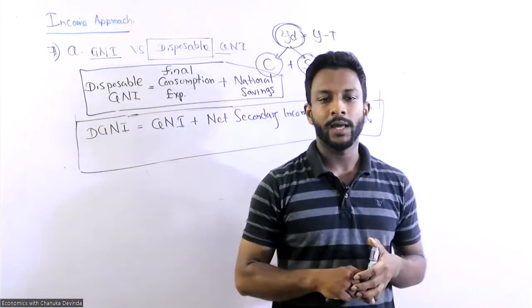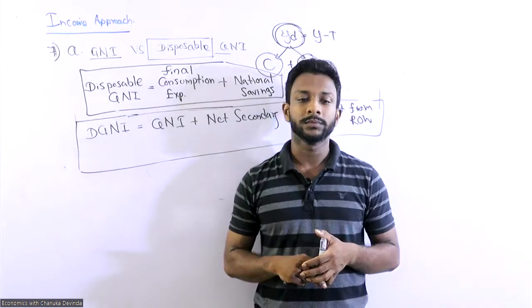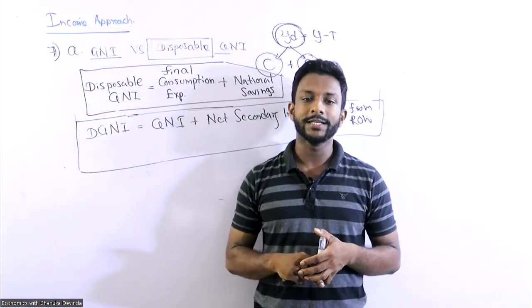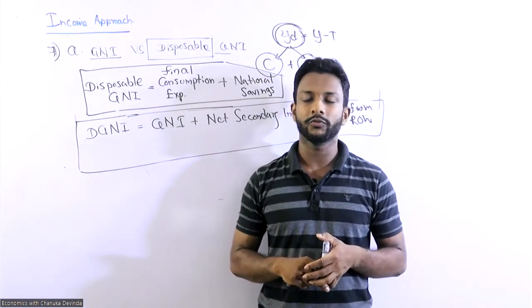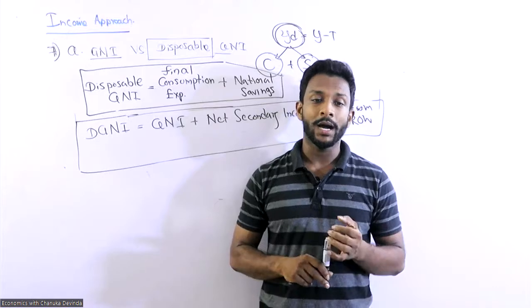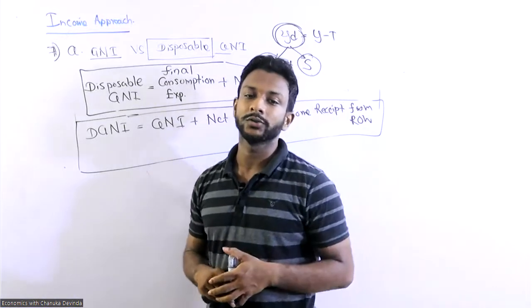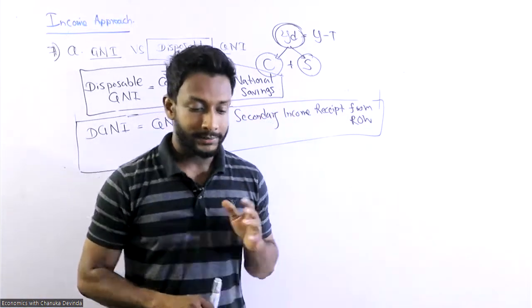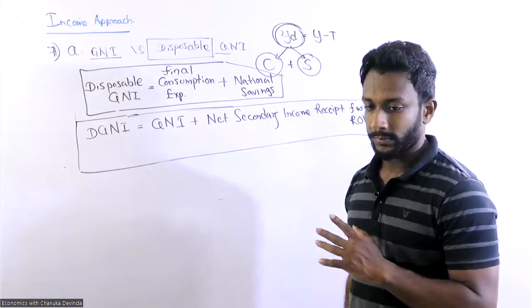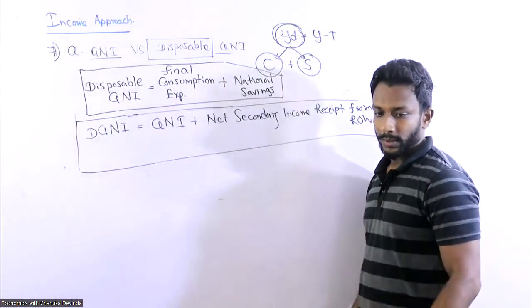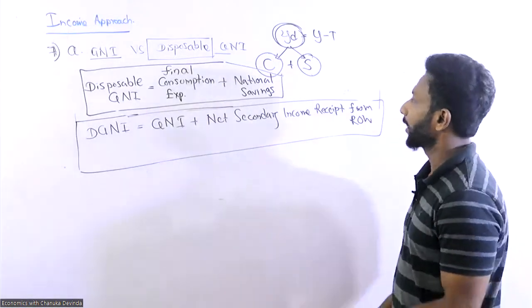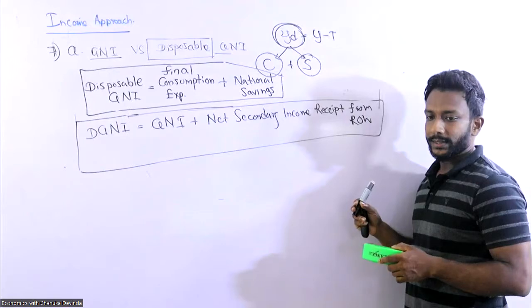Next one, household income versus disposable household income. Household income versus disposable household income, right? I'll erase this part. I think this is clear, right?